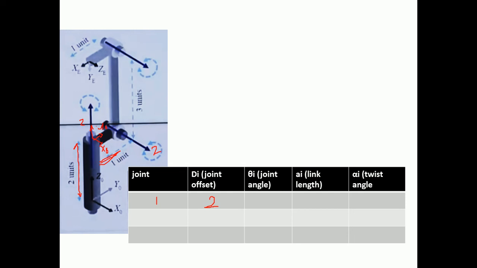When we rotate this z axis by 90 degrees, the x axis is going to be parallel with the common normal. Then this frame is going to reach over here, y naught, x naught, sorry, x naught is now going to be rotated.